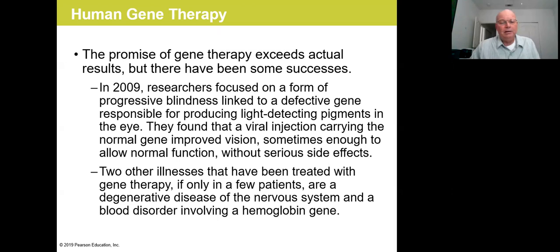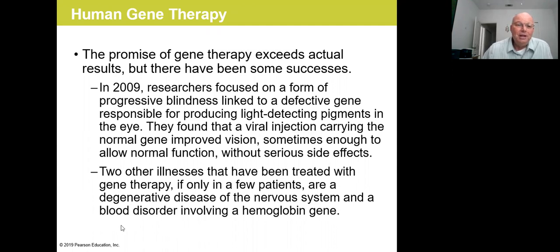Now it says here that, again, a couple of other diseases have been treated with gene therapy. This has not been using the viral system. This has been using a couple of different types of technologies for getting genes into the target cells. So the blood disorder involving the hemoglobin gene, that was actually sickle cell.